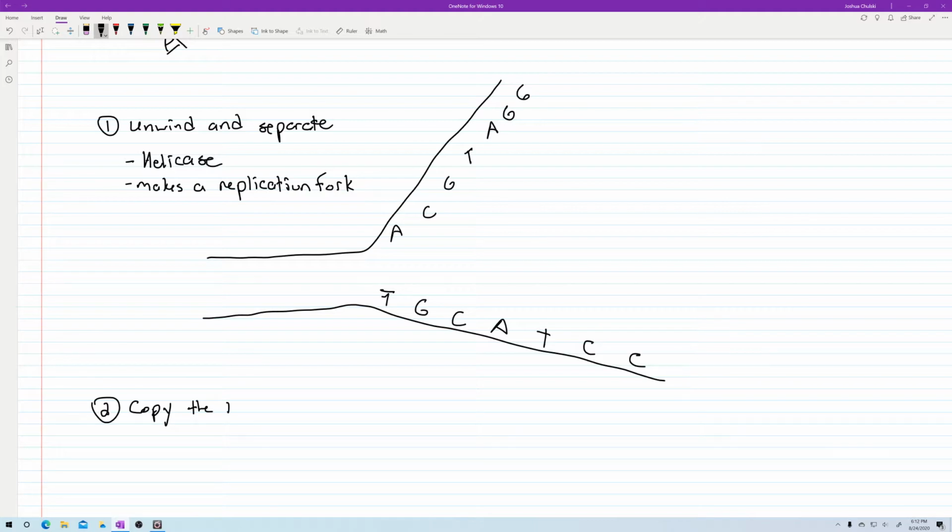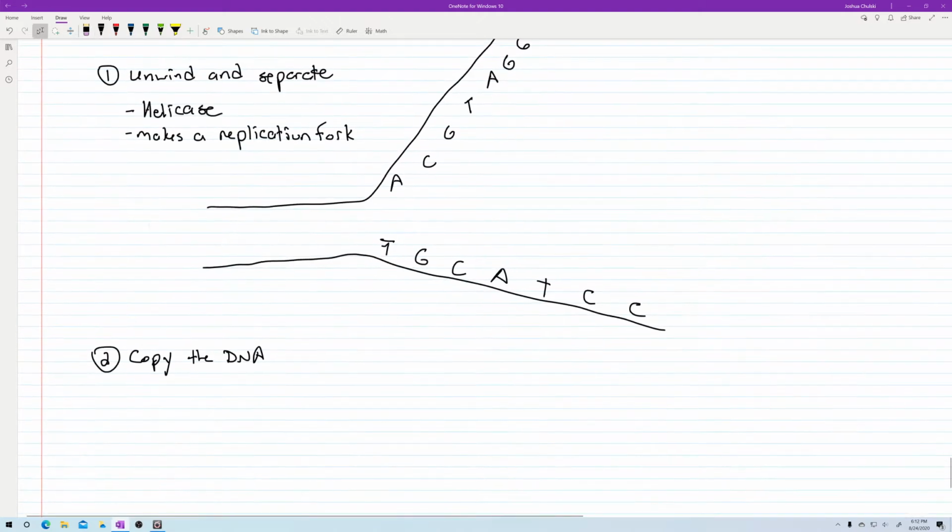Okay, and there are several enzymes that do this, and the first one is called primase. Okay, and so what primase does, it's an enzyme, ASE. Remember, ASE means enzymes. So what primase does is it sets out and it builds an RNA primer.